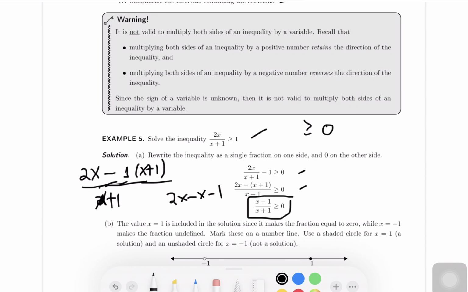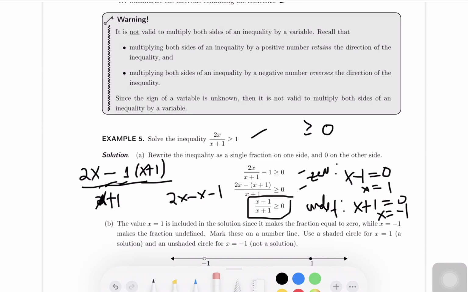Next, our concern will be the numerator and the denominator. This expression will become 0 if your numerator is 0, so we have x equals 1. It is undefined if your denominator is equal to 0, so x equals negative 1.